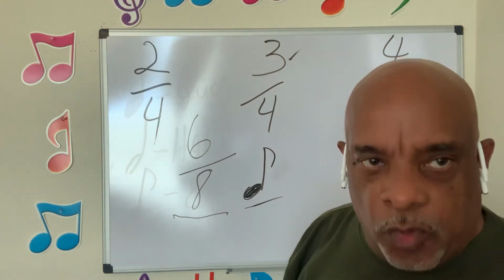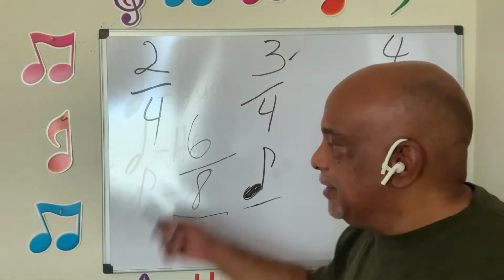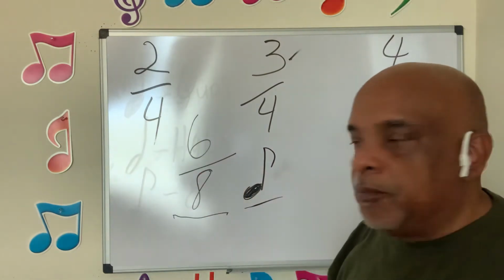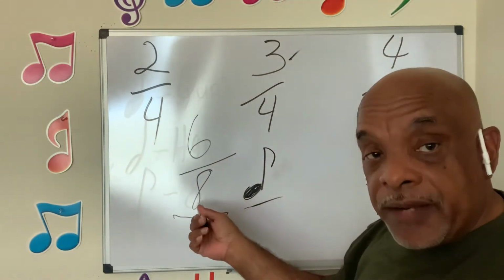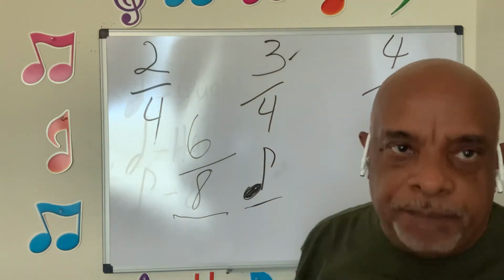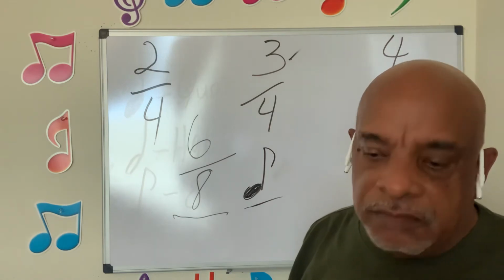And in the 6/8 time, you still have 6 beats in a measure. But then that 8 at the bottom tells me that the 8th note gets 1 beat. We're going to go into that a little bit later.